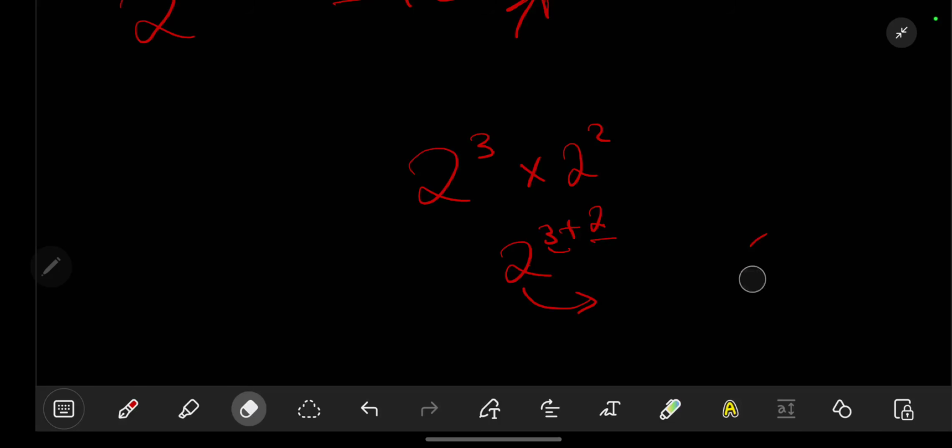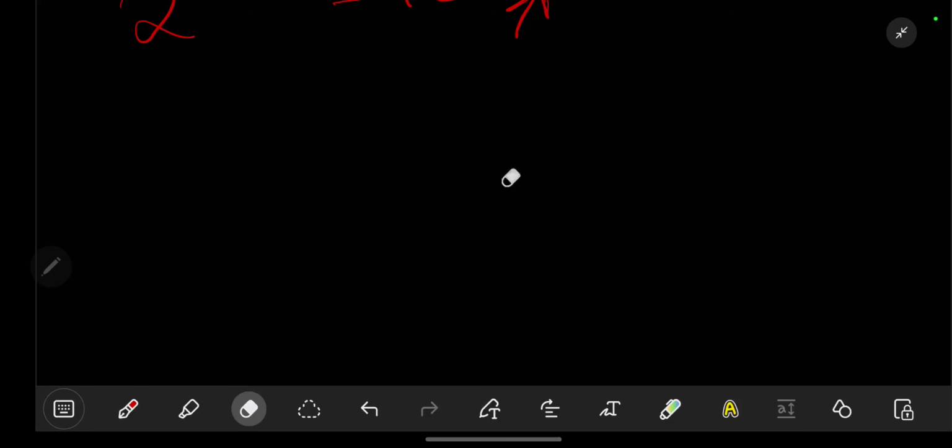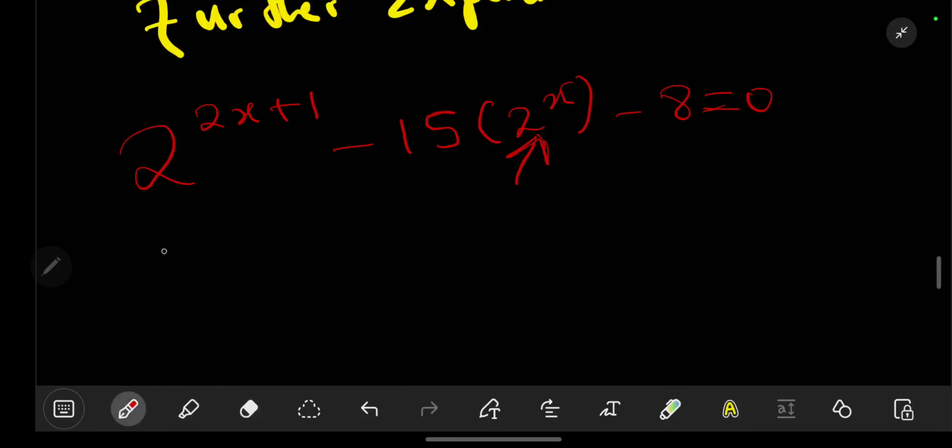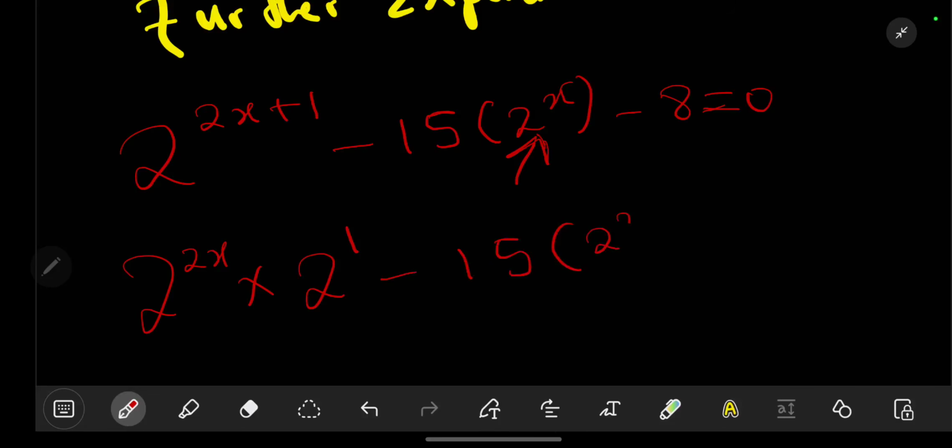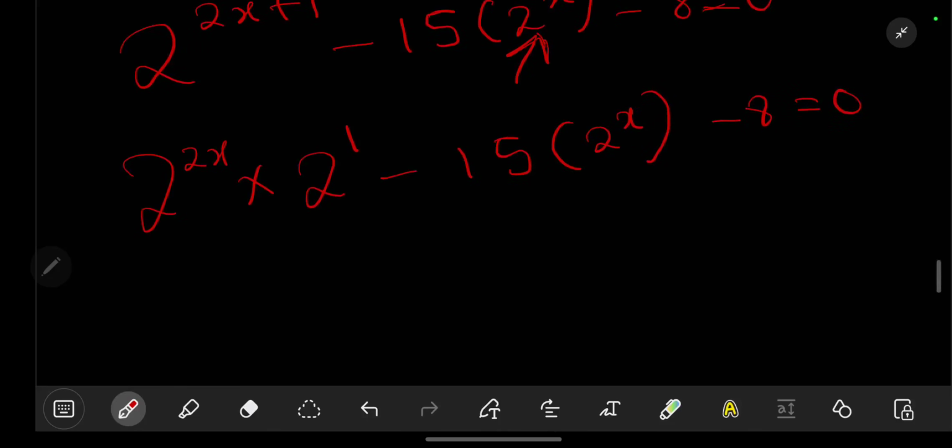So this forms the first base, this forms the second part of the exponent, I would say. Now with that idea, this is the same as 2 to the power 2x times 2 to the power 1, like that. Even if you were to multiply, you are going to go back to that. Then we have minus our 15, then we have our 2 to the power x minus our 8 should be equal to 0.